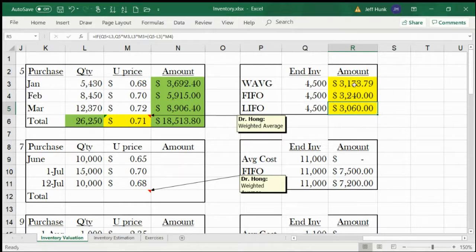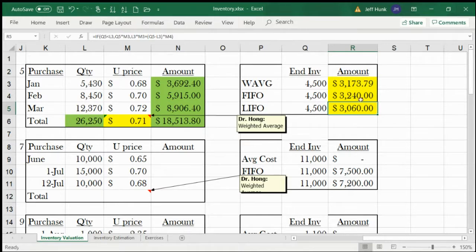First, weighted average seems to be in between FIFO and LIFO, and FIFO seems to be greater, and LIFO seems to be lower. But it's not always so. If you do the second example, you will see.